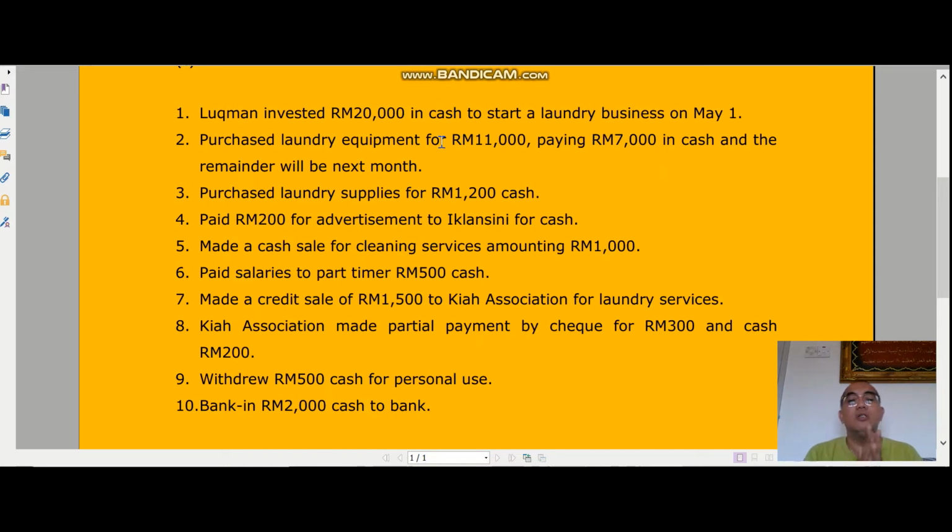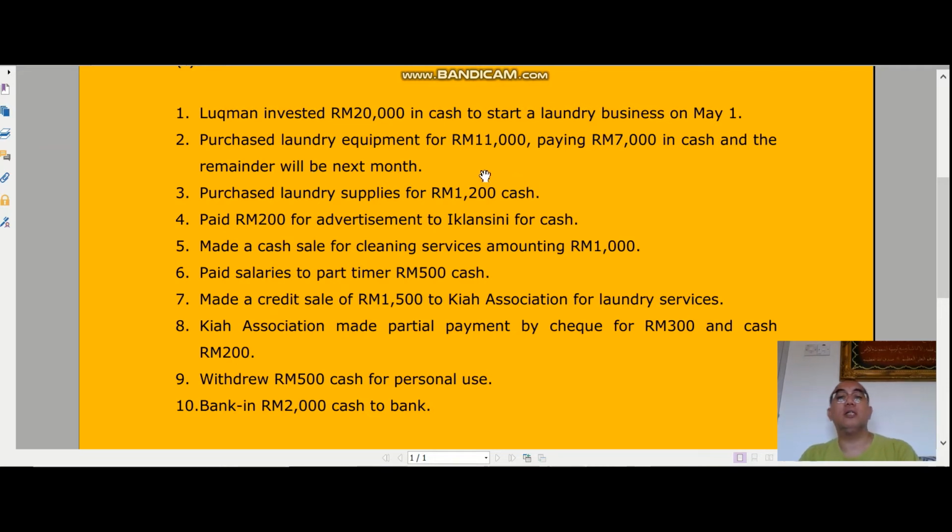Alright. So number two, purchase laundry equipment. We can see here when he purchased a laundry equipment, it is an asset. It's a non-current asset, it's an equipment. So before this, he doesn't have any equipment. So suddenly he has. He purchased this equipment. Then the equipment will increase by 11,000. Paying 7,000 in cash. So the cash will be decreased, taken out from the cash account, and the remainder will be paid next month.